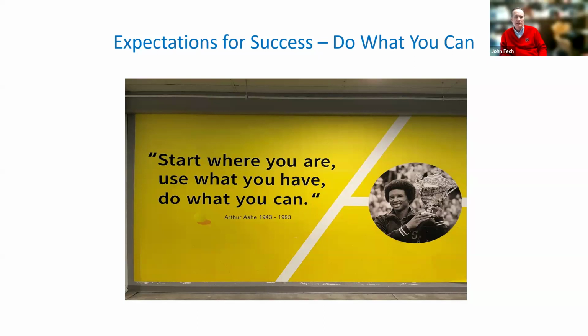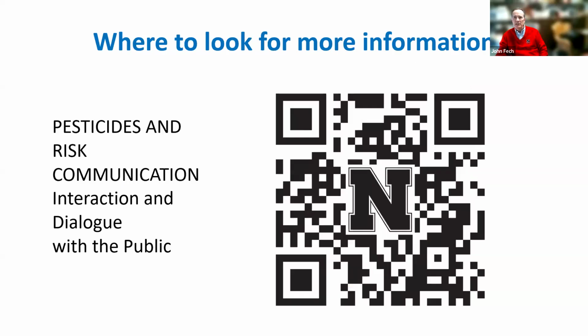In other words, start where you are, wherever you are right today, with your capacity and ability to communicate. Then use what you have. So you've got a whole hour's worth of information here on how to communicate effectively, and then do what you can. And if people aren't willing to listen, maybe it's time to move on to other customers who will listen.